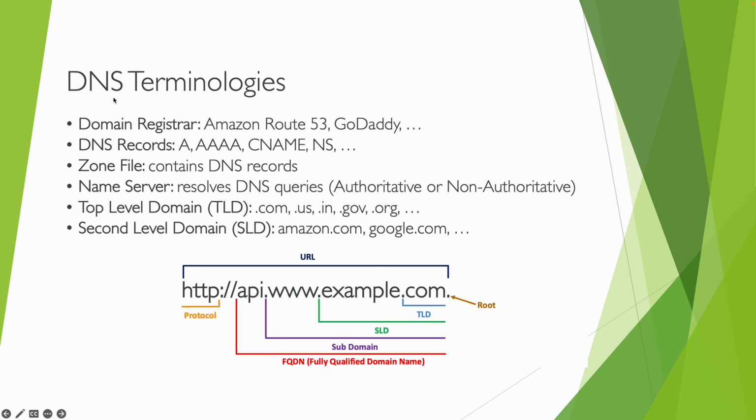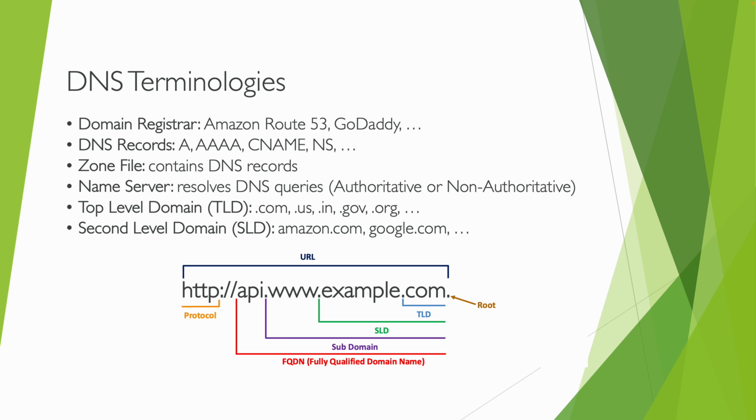First, we need to know some DNS terminologies to understand how DNS works and how Route53 works. The first one is domain registrar. Domain registrars provide the domains. That means you can buy domains from them, and they maintain the registry of all the domains, including which domain name is associated with which IP address.